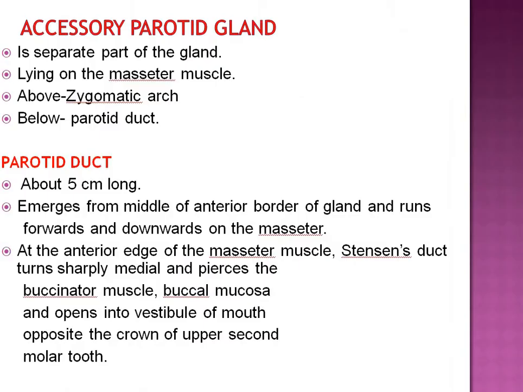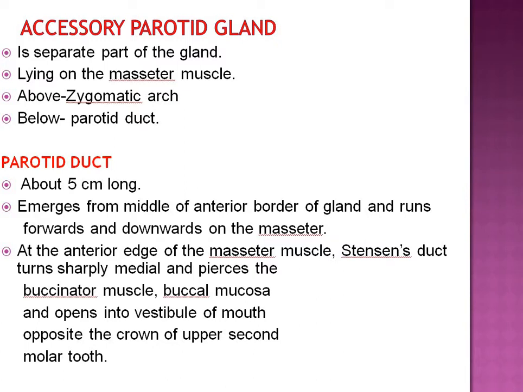Now the accessory parotid gland is a separate part of the gland lying on the masseter muscle above the zygomatic arch, below the parotid duct. The parotid duct is about 5 cm long, emerges from the middle of the anterior border of the gland, and runs forward and downwards on the masseter.